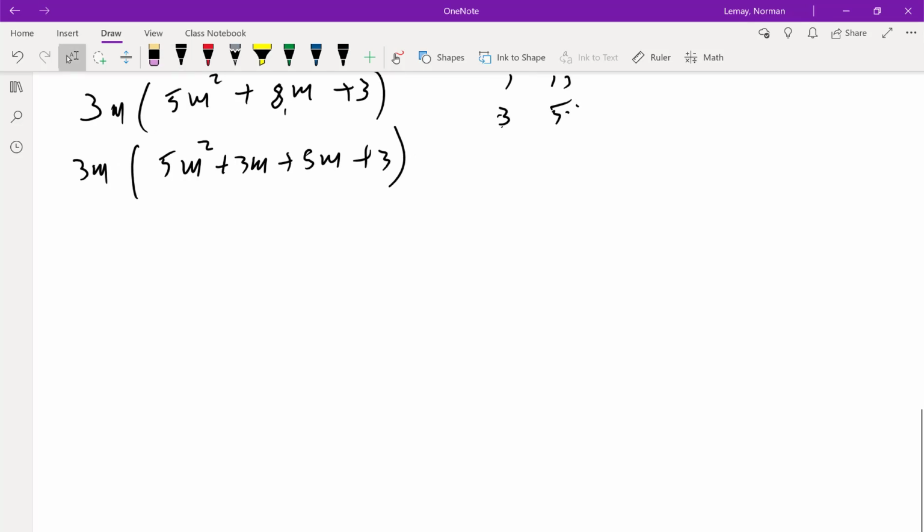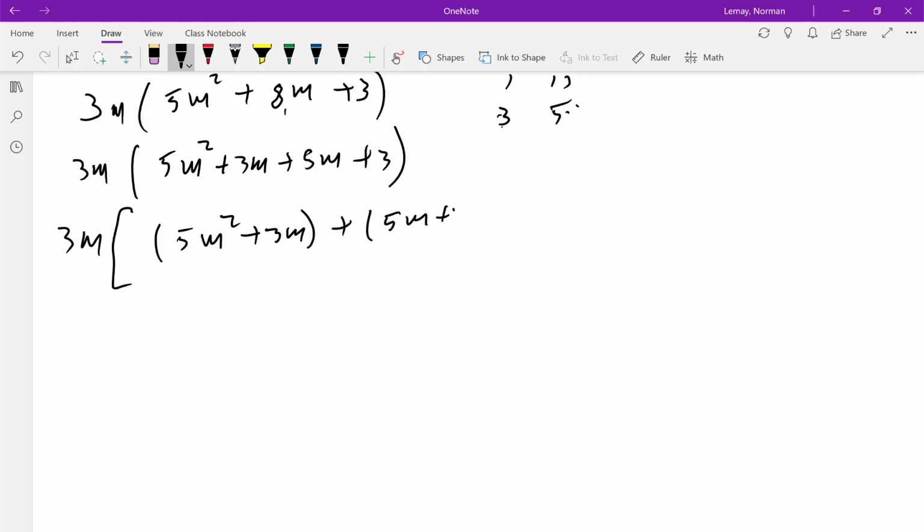Okay. So now we're going to do our factor by grouping, but I'm going to introduce some square brackets here. So 3m, and now notice my square bracket. Group the first 2 terms together: 5m squared plus 3m. Group the second terms together: 5m plus 3.